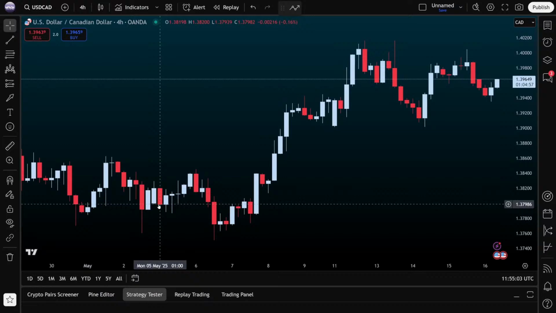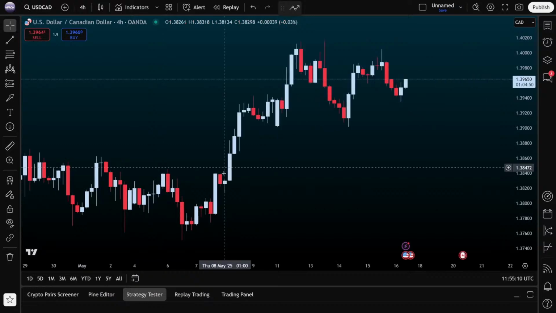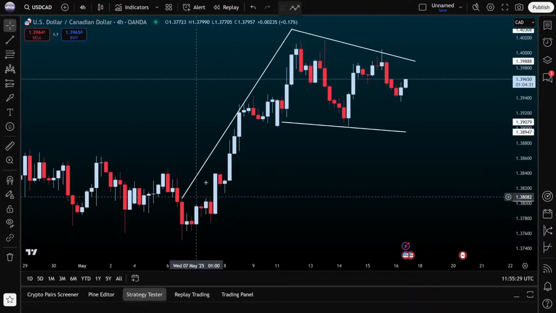Okay, so right off the bat, what I can see here is a pattern in the making, which to me looks like this. Okay, so that's a flag pattern.